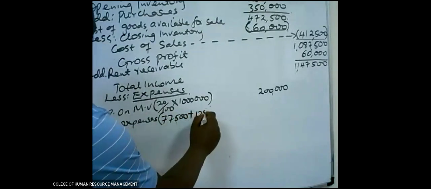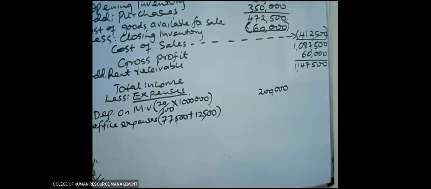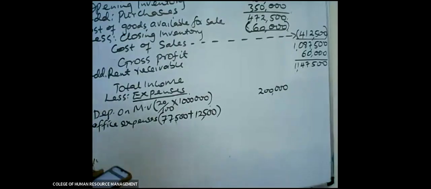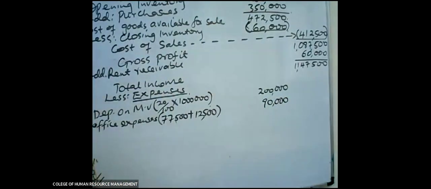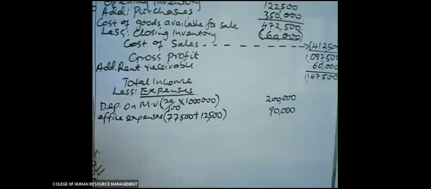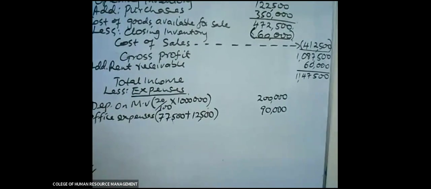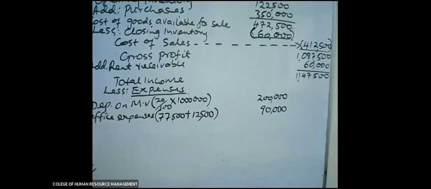There is a balance of 12,500. 90,000 is what was supposed to be paid. We have done the adjustments and we are through.